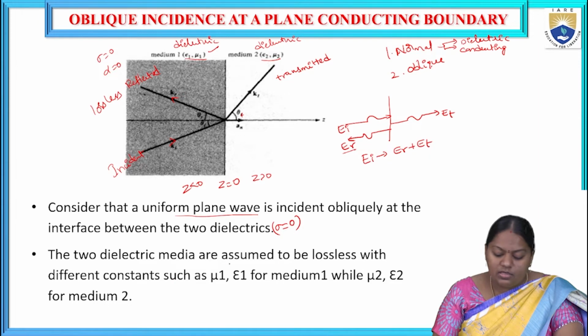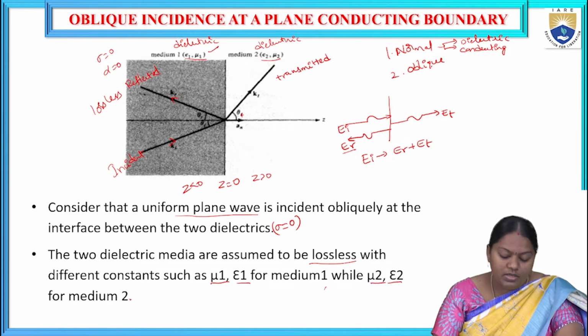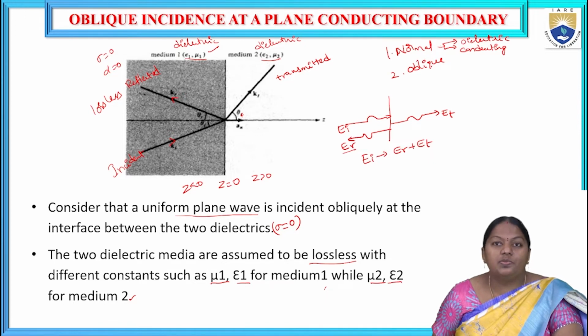Next, the two dielectric media are assumed to be lossless, perfect dielectric media, with different constants: mu1 epsilon1 for medium 1 and mu2 epsilon2 for medium 2, right? So consider two dielectric media characterized by the respective parameters epsilon1 mu1 for medium 1 and epsilon2 mu2 for medium 2, right?